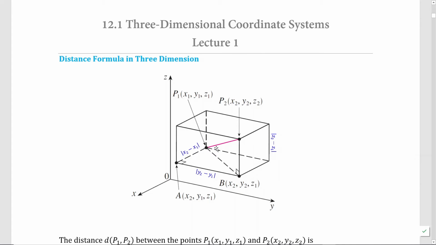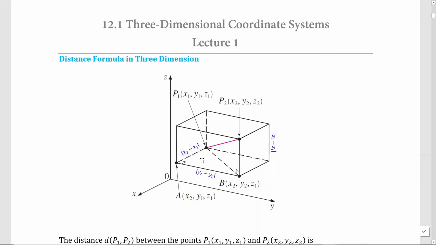To calculate the distance between the points, we first need to locate a point A which has the same y and z coordinates as P1, but the same x coordinate as P2. And then we'll locate another point B which has the same x and y coordinates as P2, but the same z coordinate as P1.